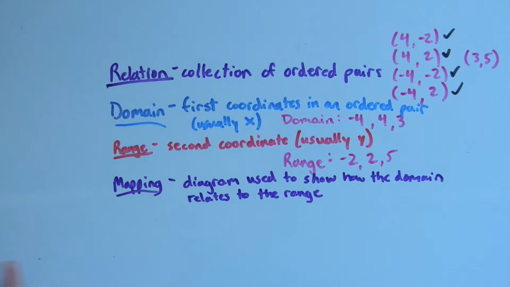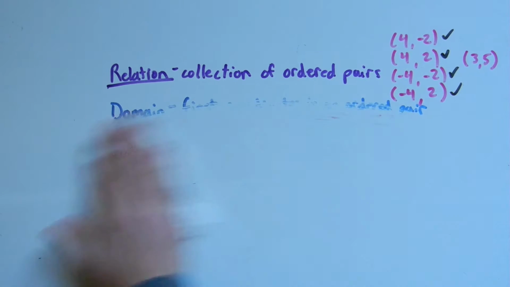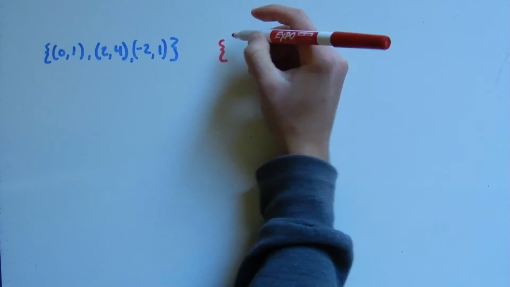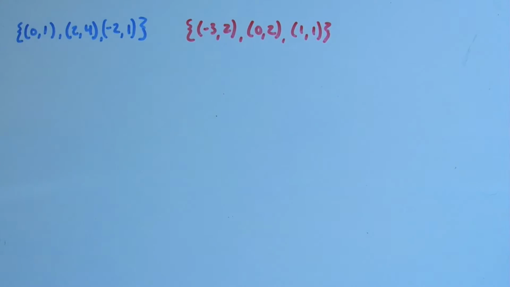Mapping is a useful tool. It's a diagram that's used to show how the domain relates to the range. So let me give you a few examples. Here we're going to go over 3 different examples.